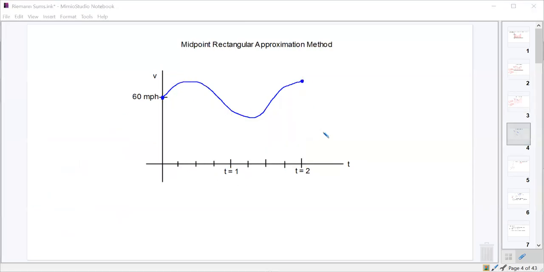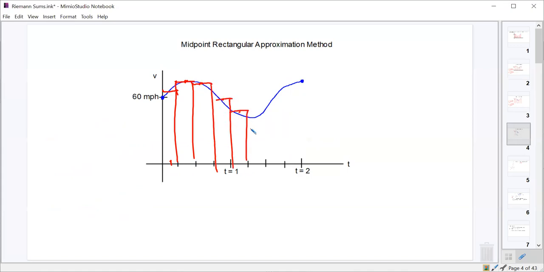All right. And then we have the midpoint rectangular approximation method. So find the midpoint of each subinterval and draw a rectangle through that point. This one is a better approximation than both the left and the right rectangular approximations, but it's still not perfect.